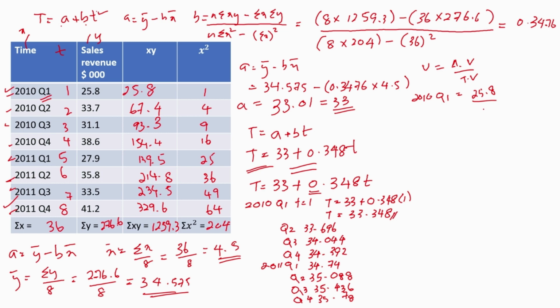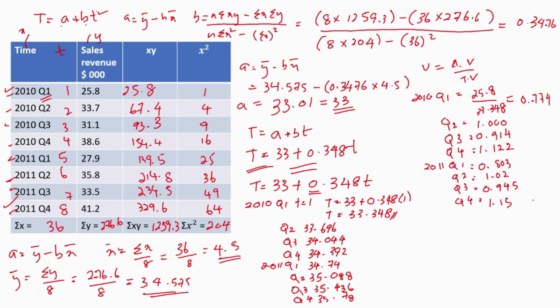The trend value is 33.348. This equals 0.7736. Let's take it as 0.774. Likewise, now we have to calculate the variances for each time period. Now we have all the variances for each time period.